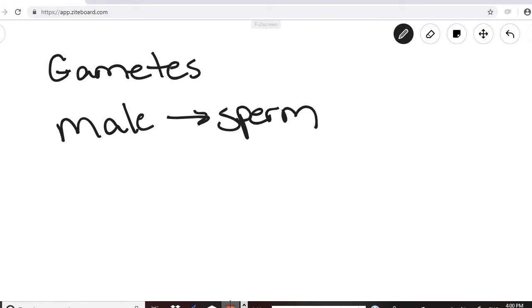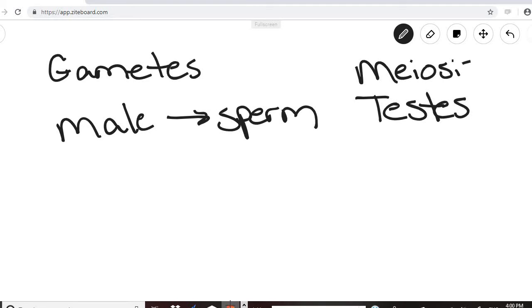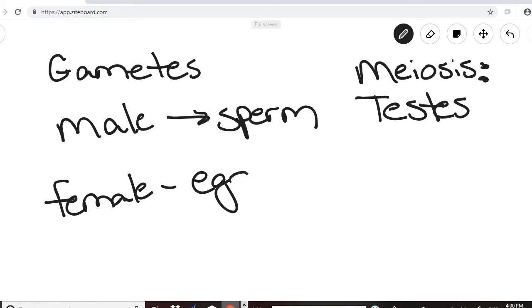And in a female, so this happens in a male in the testes. So meiosis takes place in the testes in a male, and in a female, the gametes that result are called eggs, and that happens in the ovary.